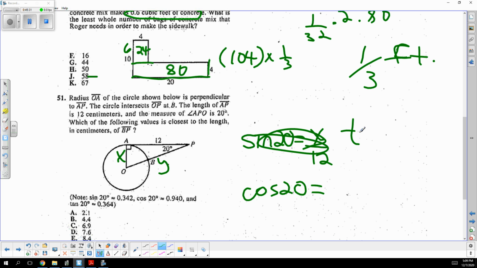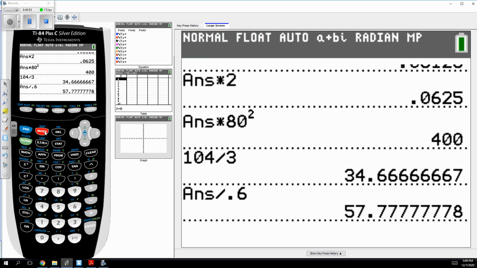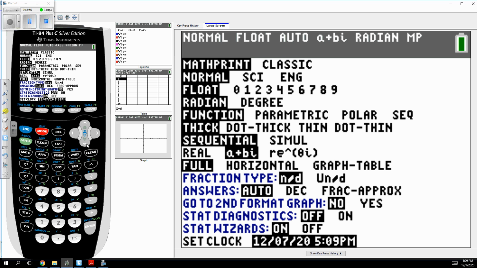The tangent of 20 is opposite over adjacent, x over 12. The cosine of 20 would be 12 over y. So x is 12 times the tangent of 20.